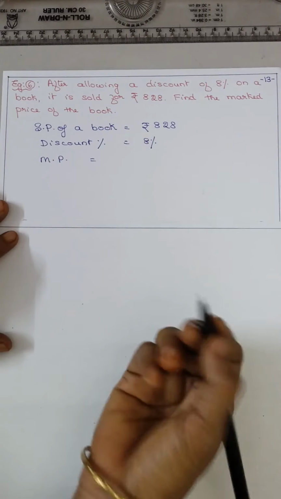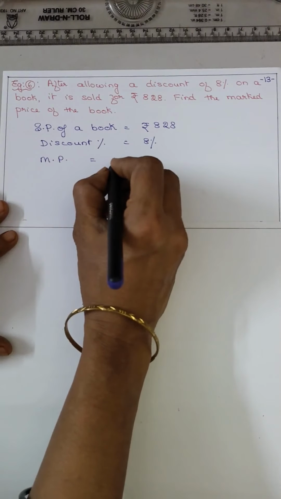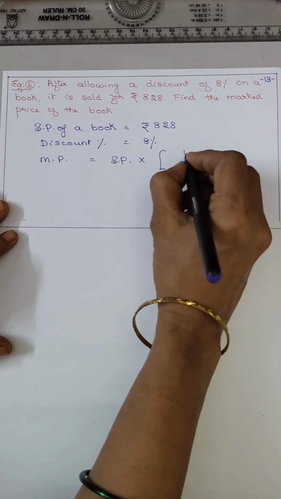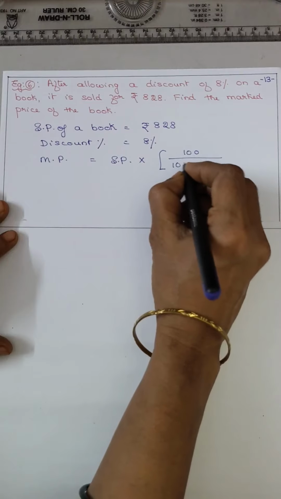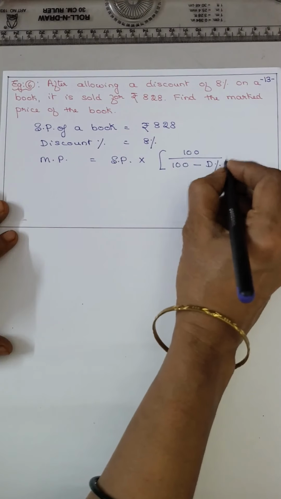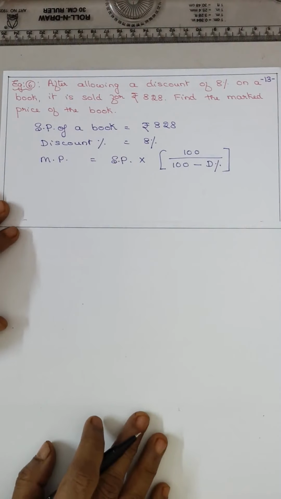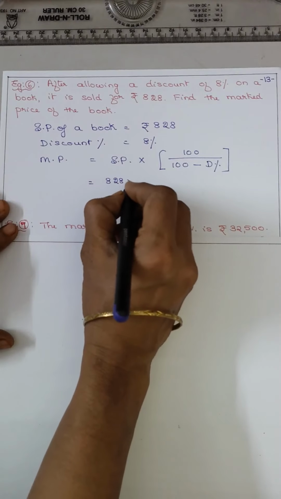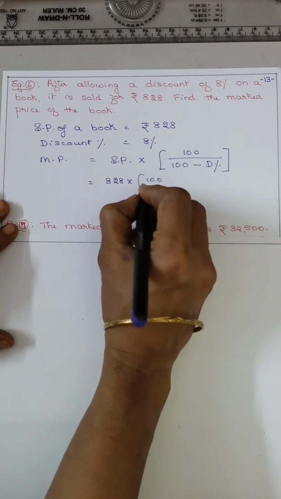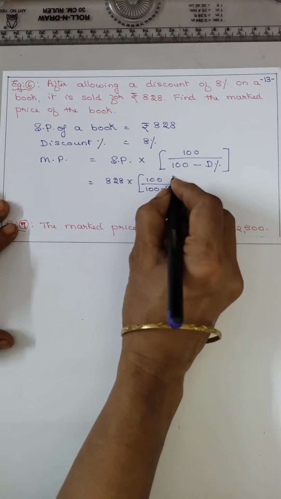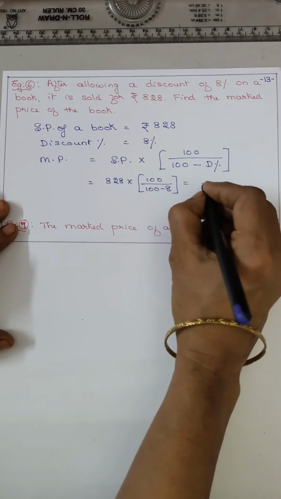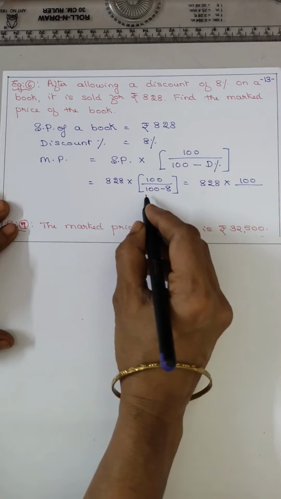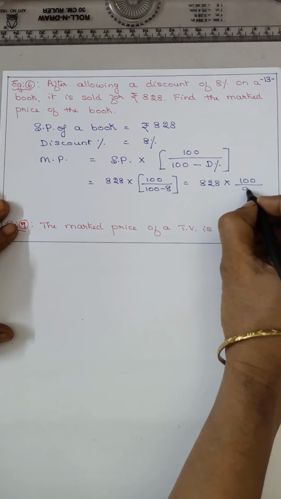Remember the formula? Here you have to use the formula. So MP is equal to SP into 100 upon 100 minus discount percent. Okay, put the values. 828 into 100 upon 100 minus 8, which is 92.